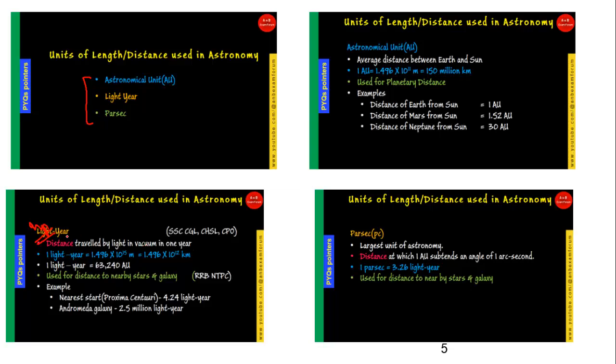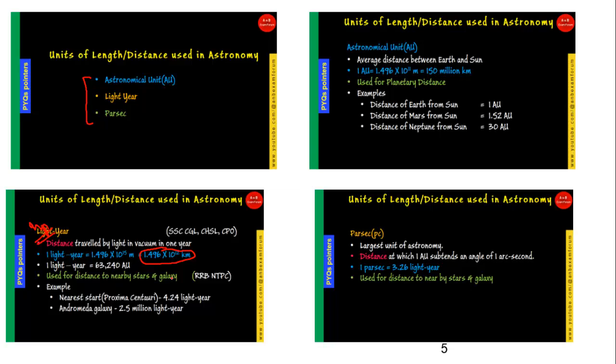As a word, it sounds like a unit of time, but it is a unit of distance. One light year is equal to 9.46 into 10 power 12 kilometer. You can see how long this distance is. It is used to measure nearby stars and galaxies.